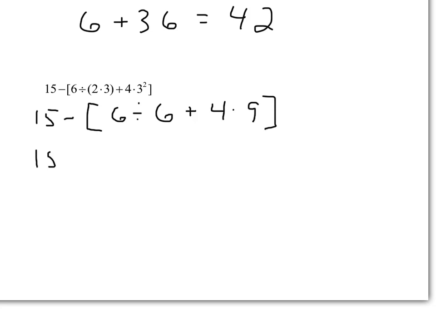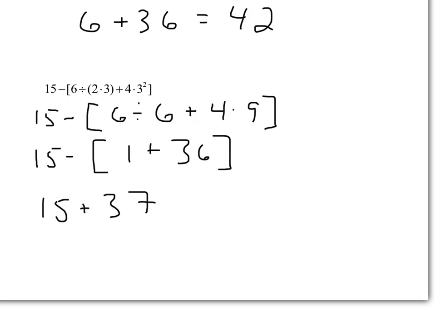So I have 15 minus, and I'll keep dealing with everything in the square part. 6 divided by 6 is 1, plus 4 times 9 is 36. So I have 15 minus 37, turning that into adding the opposite. So I'll take 15 away from 37 and get 22, and then make the answer negative because 37 is bigger than 15.